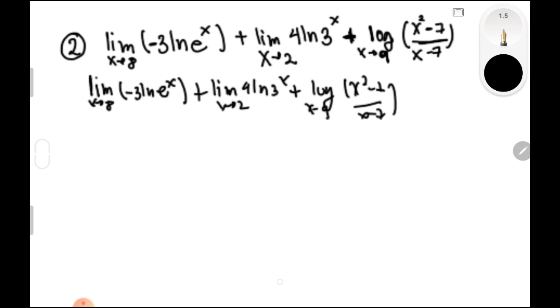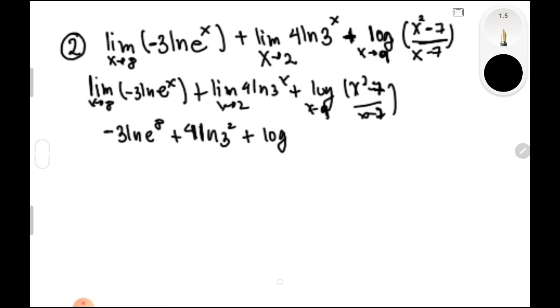So pwede natin gawin ito, substitute natin agad. So negative 3 ln of e raised to 8, plus 4 ln of 3 squared, plus logarithm of, so from this 9, pwede mo lang siyang substitute agad, or factor mo to, or hindi na, substitute natin agad yung 9.